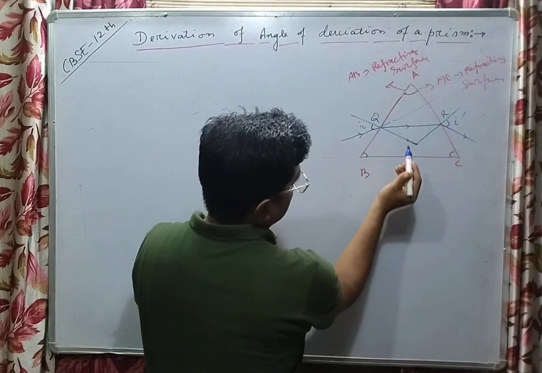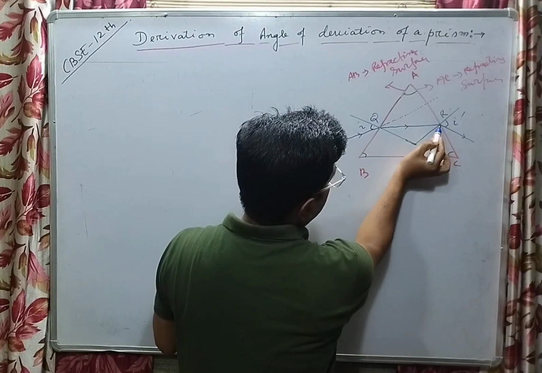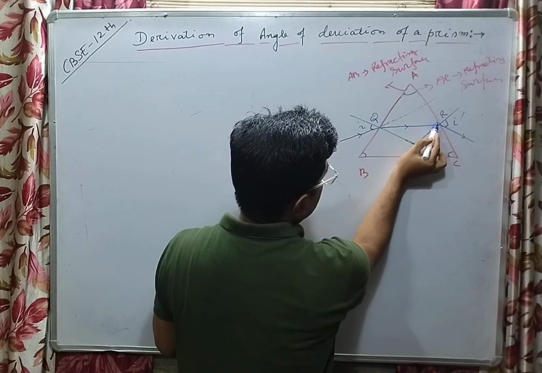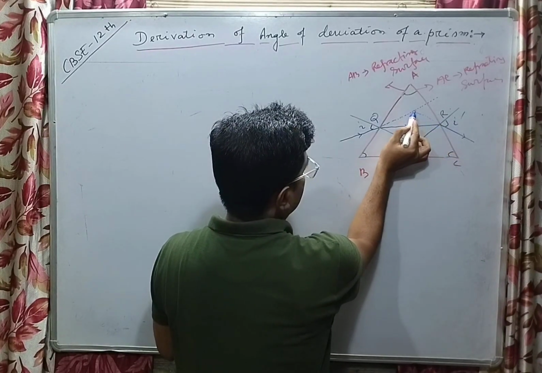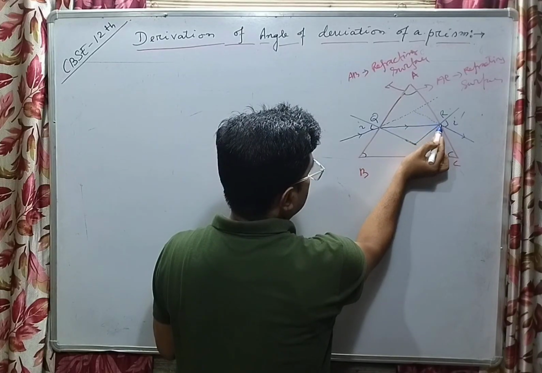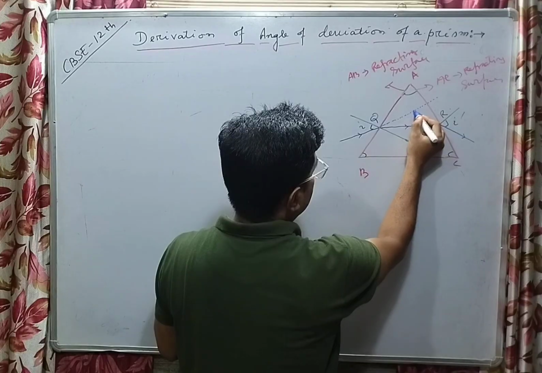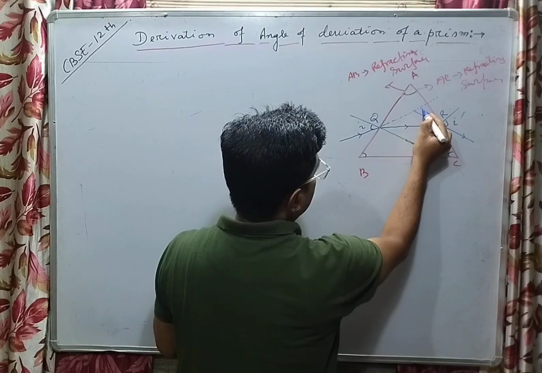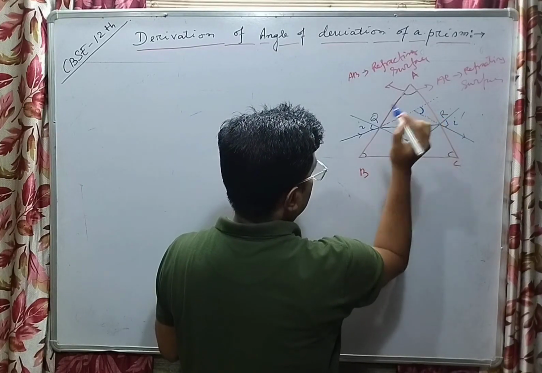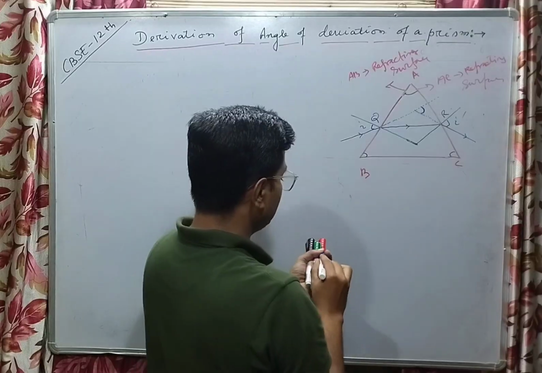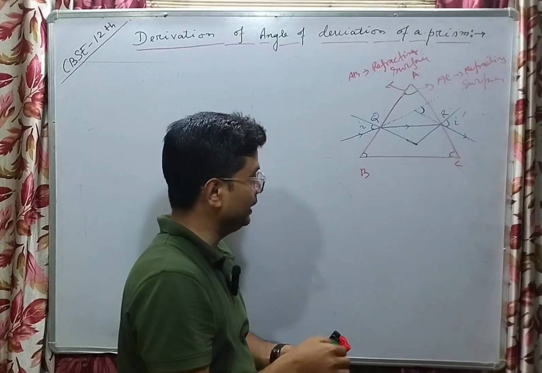And again, if I produce the refracted ray here, these two rays will intersect at a point, making an angle. Students, listen carefully.